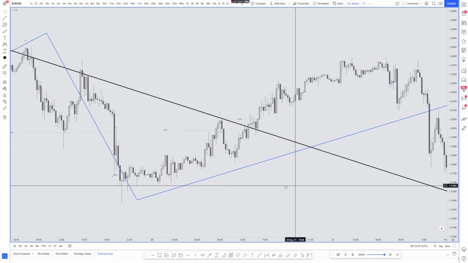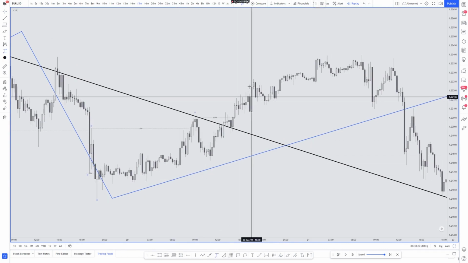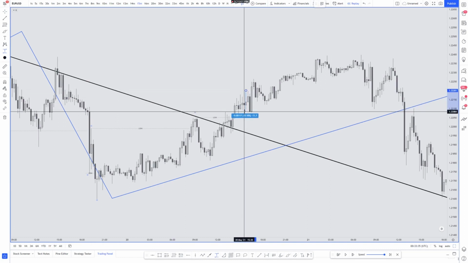So again, we don't have any real pullback till probably, I would probably say maybe here.